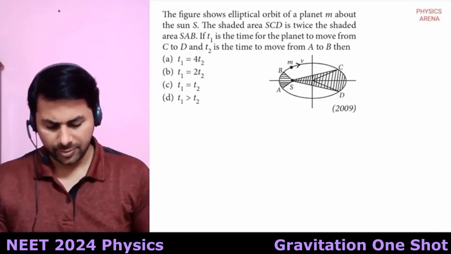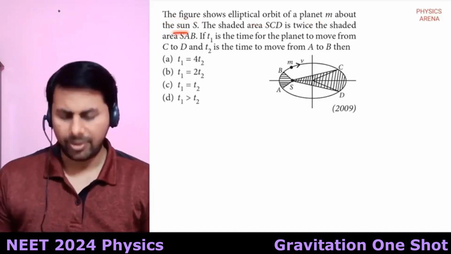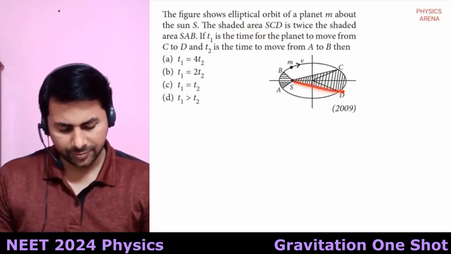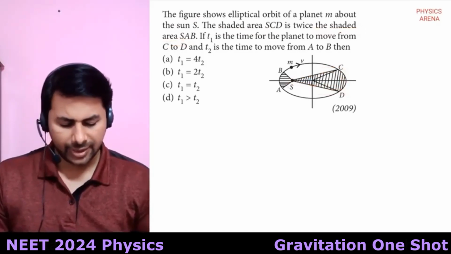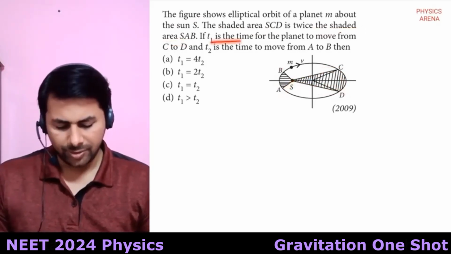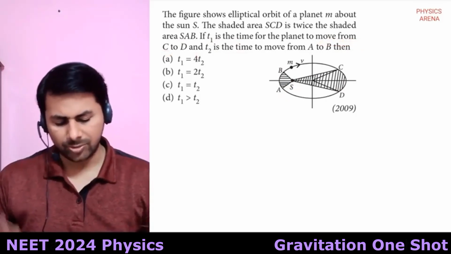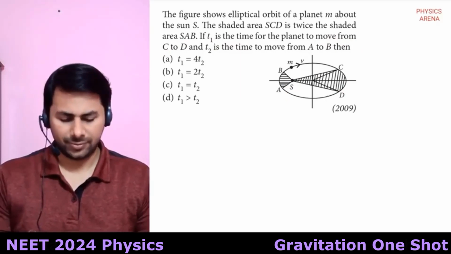Next one, the figure shows elliptical orbit of a planet M about the Sun. Shaded area SCD is twice the area SAB. If T1 is the time for planet to move from C to D and T2 is time to move from A to B, then tell me.